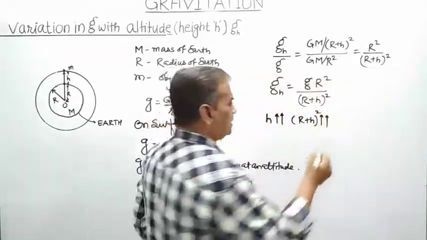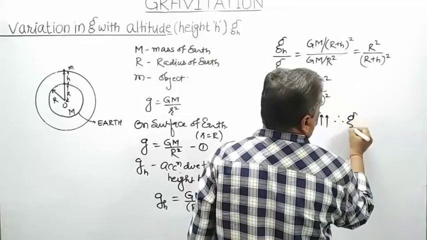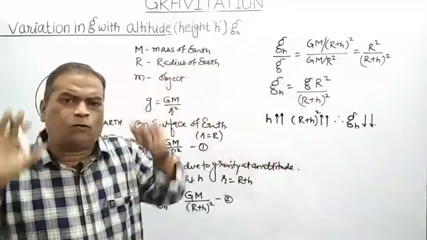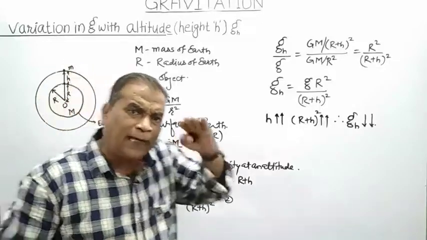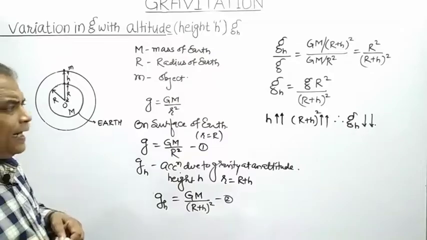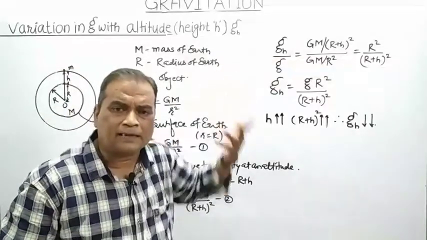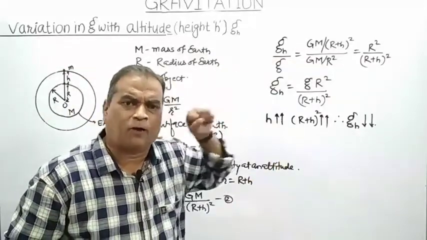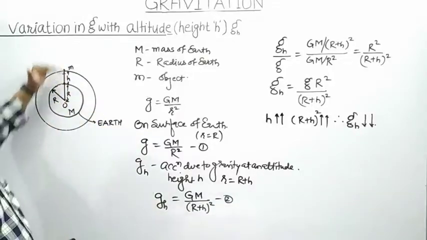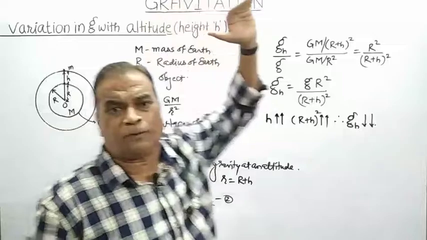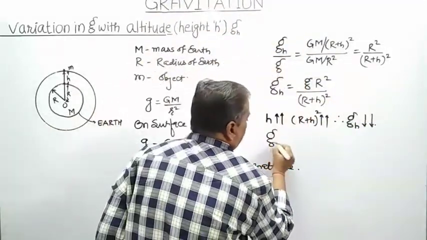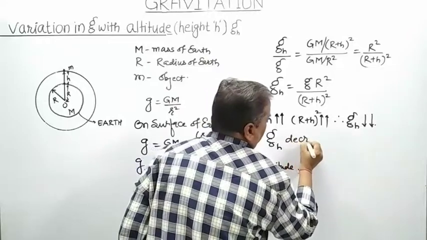It will decrease. So therefore g_h will go on decreasing. What conclusion can we draw here? That the acceleration due to gravity acting on an object will go on decreasing as the height of the object above the surface of earth goes on increasing. Means g_h goes on decreasing.